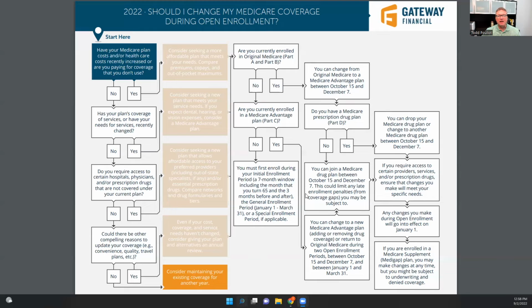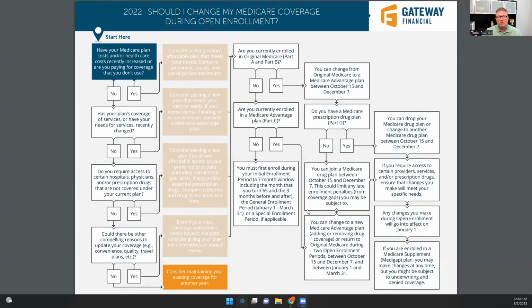And again, any late enrollment penalties may be there from coverage gaps, and you may be subject to penalties. We want to make sure we make the correct decision up front. We have a little bit of flexibility, but we want to make these decisions early and often. You also want to be communicating very well with your physician, whether you have a general practitioner or a specialist, and talk about whatever situations you may have personally.